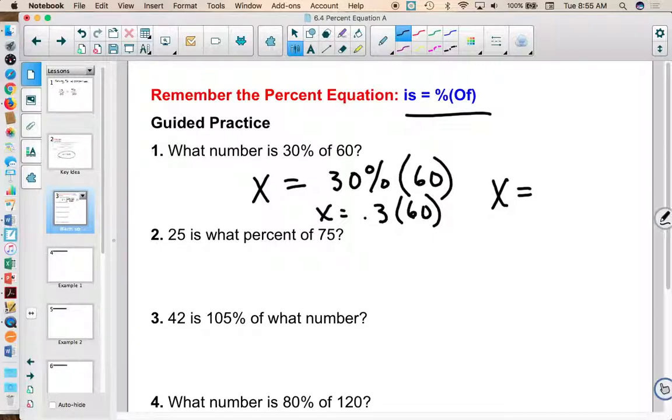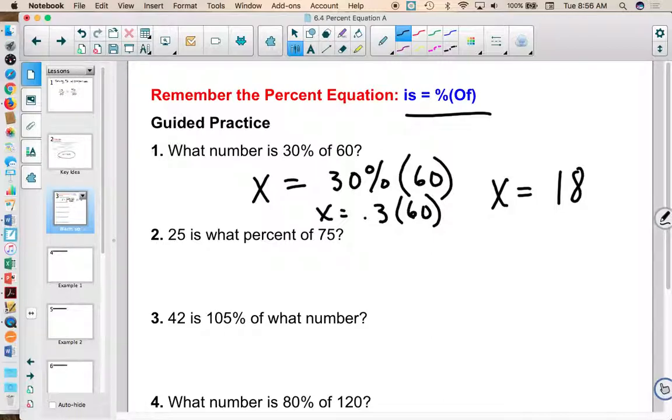You've got 0.3 times 60. So what's it going to be, Savannah? 18. So if I go back to the sentence, 18 is 30% of 60.